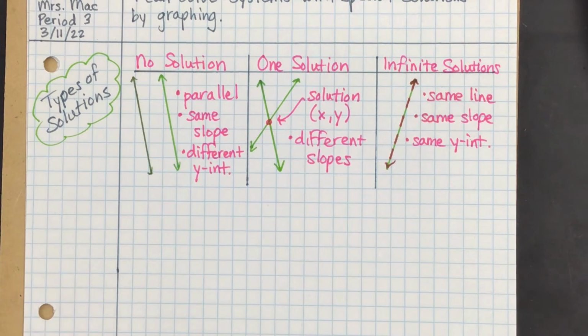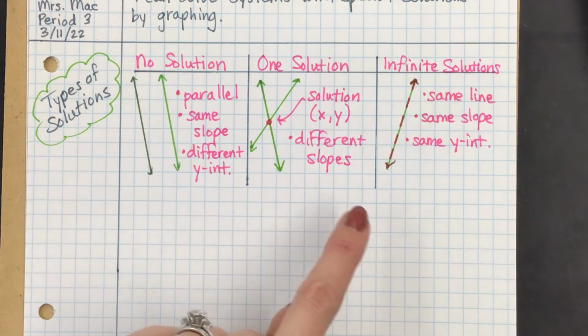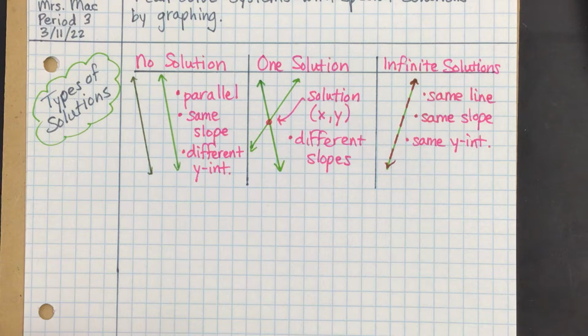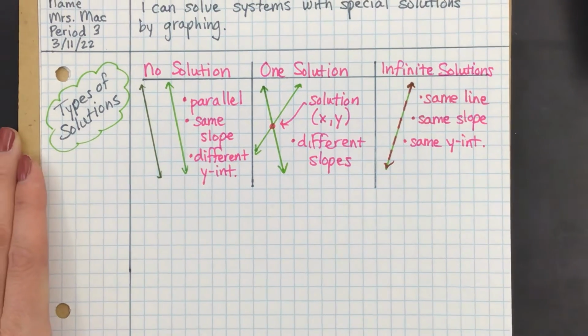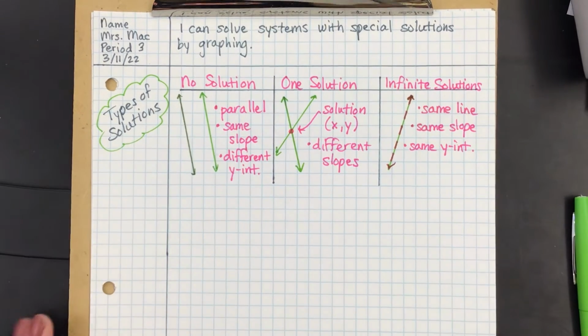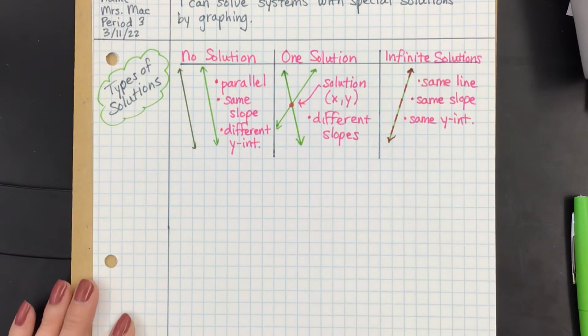Now you have this great table in your notes that you can use if you get stuck and you're not sure what kind of solution it is, all right? Let's try an example.